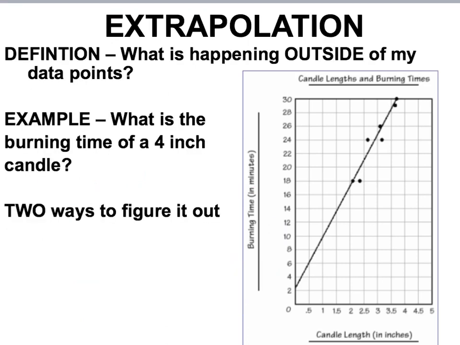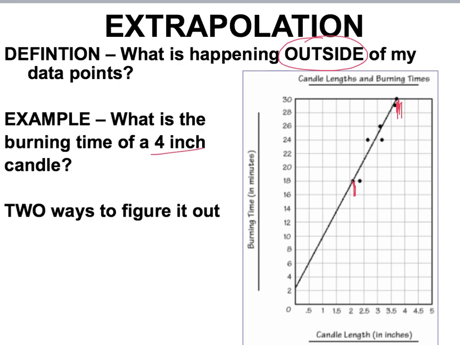Now the other thing we can do is called extrapolation, and that's what's happening outside of the data points. So interpolation we'd use to predict what's happening between these two data points. Extrapolation is anything outside of there. So an example is, what's the burning time of a 4-inch candle? That's outside of our biggest data point, which is about 3.7.